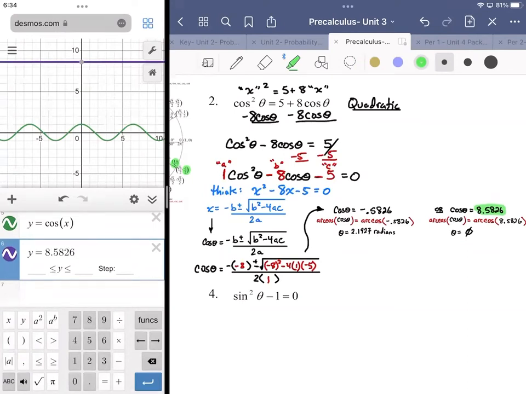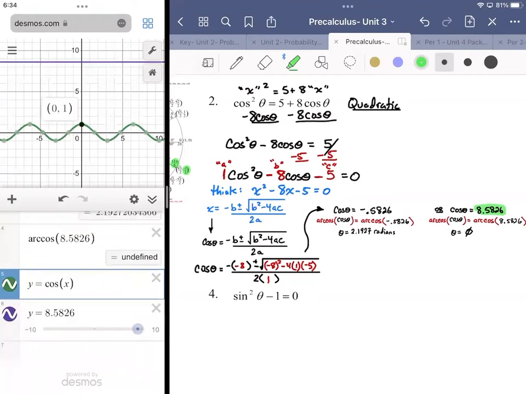Anyway, they're saying that it's got to reach up this high, up as high as that purple graph. The highest it'll ever go is 1 on the green graph. So it's a contradiction. It wouldn't play out that way.